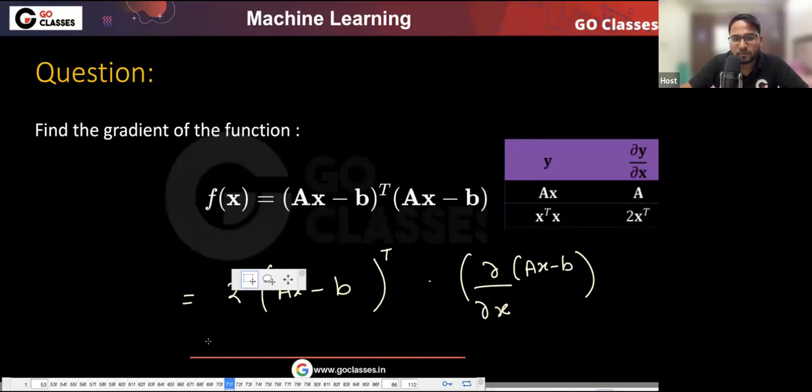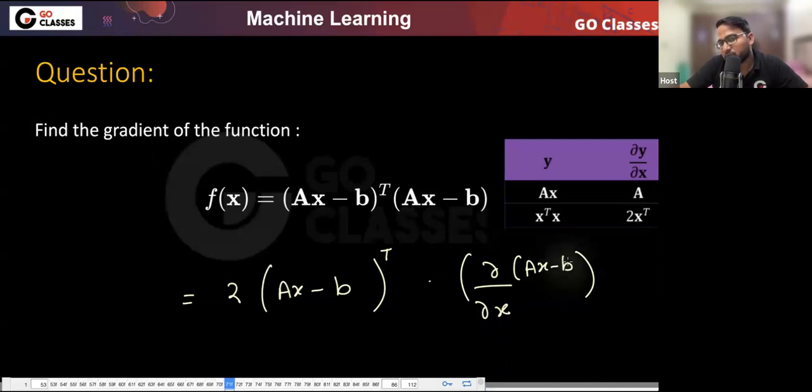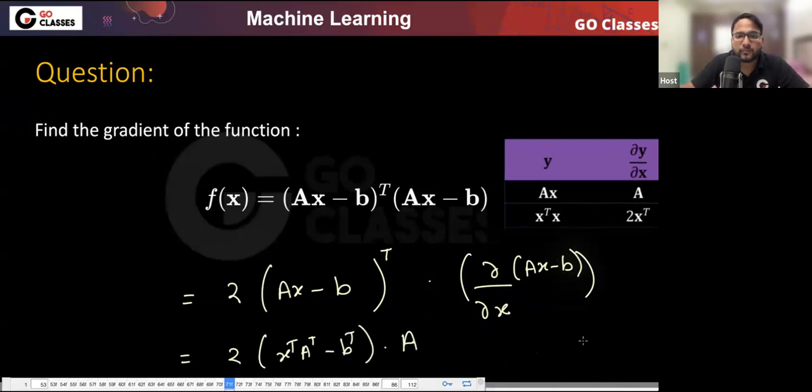Now, what is this quantity? Differentiation of B with respect to X is anyway 0. Differentiation of AX is A, right? So this is 2 into (AX minus B) transpose into A, which is 2 into X transpose A transpose minus B transpose into A. Is this fine to everyone?